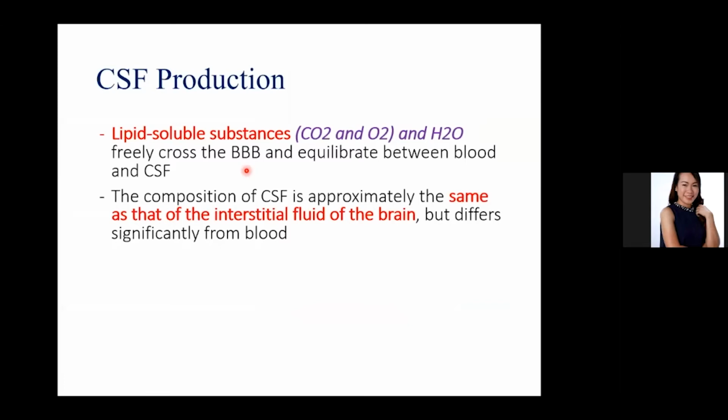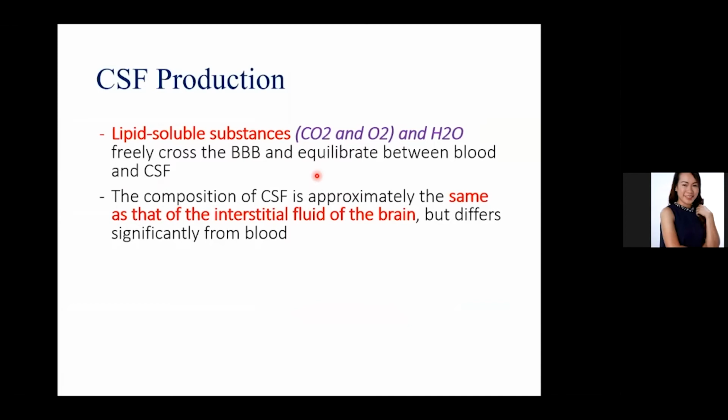Now, why are we telling this? Because we will note what is the composition of the cerebrospinal fluid. If carbon dioxide, oxygen, and water can freely cross the blood-brain barrier, then the component of which in the blood and CSF will be the same, or they will equilibrate. Now, how about other substances?